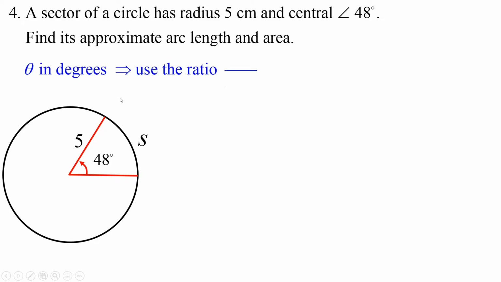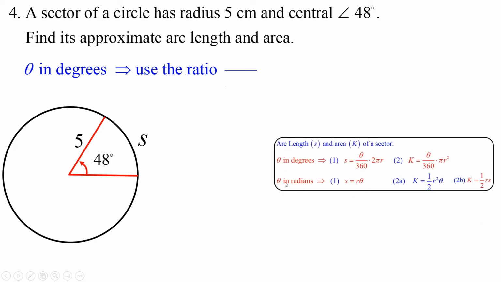So theta in degrees implies use the ratio, and the ratio is going to be your central angle over 1 complete revolution, 360 degrees. And I have your formulas for both finding the sector and the area, or the arc length and the area of a circle, based upon if your central angle is in degrees or in radians.